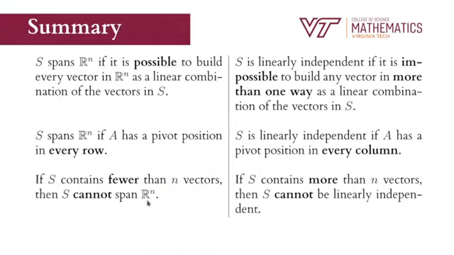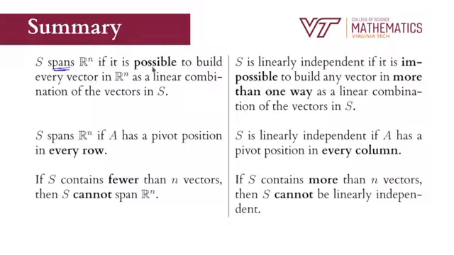All right, so we're done. Let me just summarize what we've covered over the past couple of days. Spanning Rn means it's possible to build every vector in Rn as a linear combination. All we're saying is it's possible. We're not saying whether it can be done in one way or more than one way. We just know that it's at least possible.